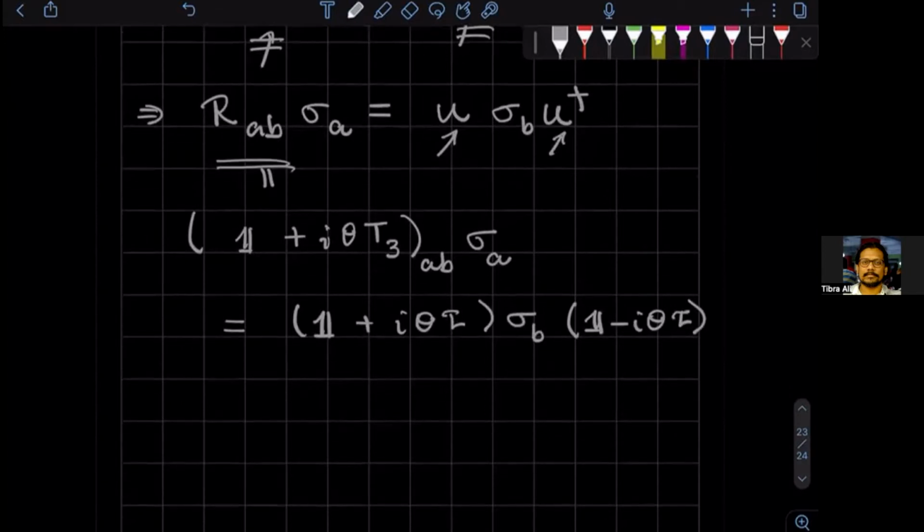Okay, is this clear what's happening here? I think you're a bit lost probably, so let me just remind you, we are looking for U, that is a rotation by angle theta that corresponds to a rotation around the z-axis in physical space, and that will have some form of i theta tau. We just don't know what tau is. We want to find out what tau is when the rotation is in physical space by theta around the z-axis, okay?